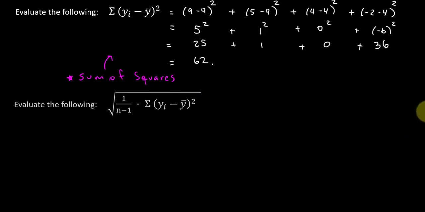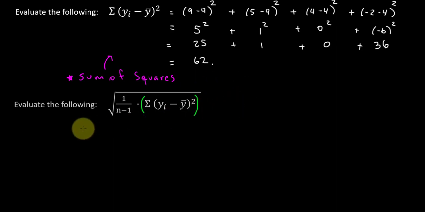Let's evaluate the following. Now, it looks like I probably just went hyper mode on you, but check it out. The part that we already have worked on, I'm going to put in parentheses here. That's really the bulk of the work, and we already know what that boils down to. So all we need to do now is a square root will be the last thing, and we'll do a little division. So here it comes.